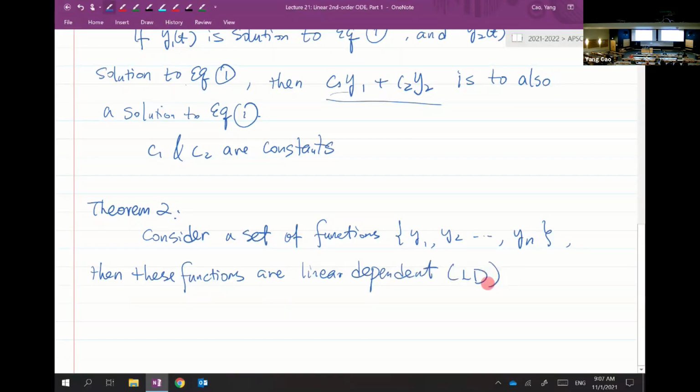Let's use LD as a short name for linearly dependent.